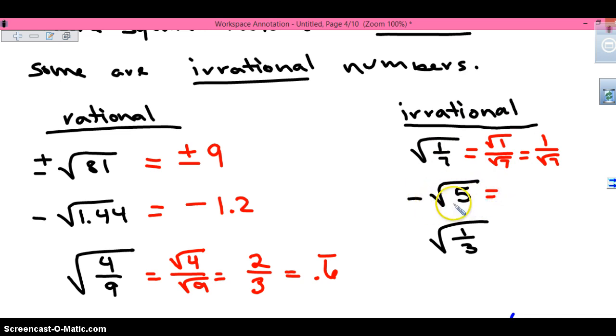Because the negative square root of 5 is a decimal that does not repeat and does not end. Okay, so it's irrational. Same thing for the square root of 1/3. This would be irrational. Irrational numbers cannot be written as fractions.